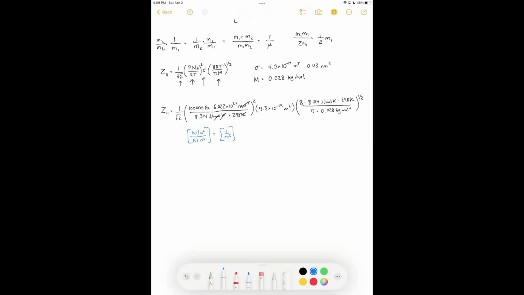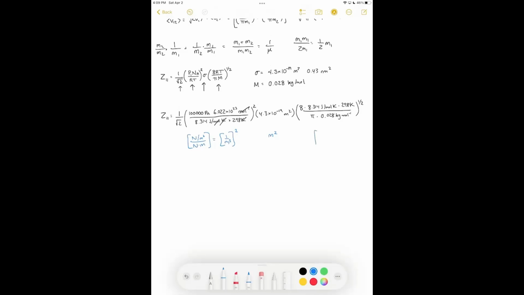So we have a 1 over meter cubed squared term. We have square meters over here. And then on this side of the equation, what do we have? Our temperatures cancel, our per moles cancel, and we are left with joules per kilogram. Again, joules is Newton meters, and a Newton is a kilogram meter per second squared.